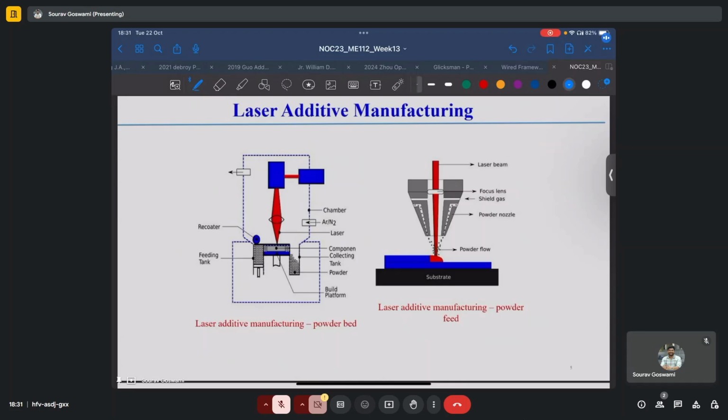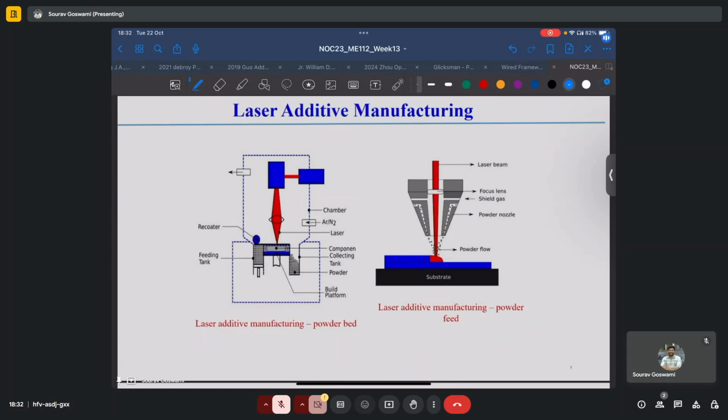We see the recoater roller in this case, which after every pass spreads a uniform layer of powder over the print bed. And we see the feeding tank and the collecting tank, as well as the build platform, which lowers down in every step by a predetermined height.